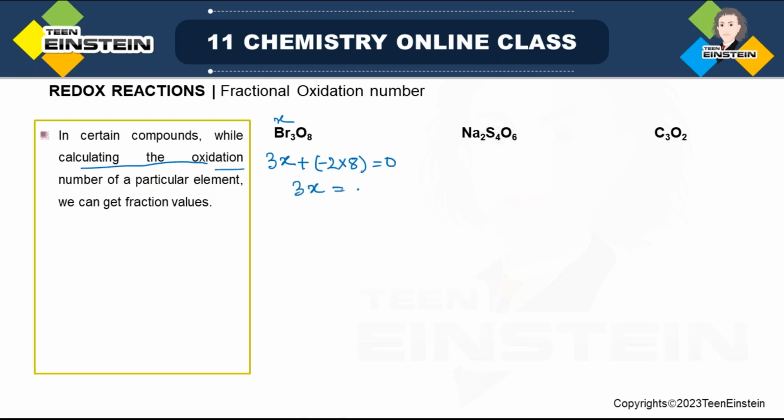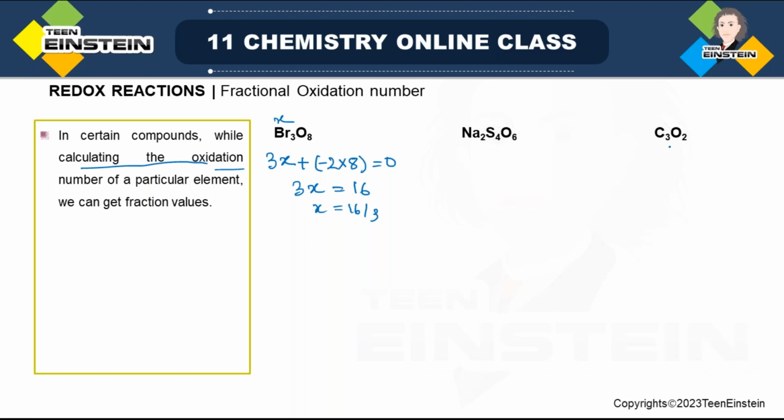So 3x is equal to 16, and x is 16 divided by 3. So it is a fraction. Then how is it possible? That we have to understand. It doesn't happen always, but in some cases you can find it.